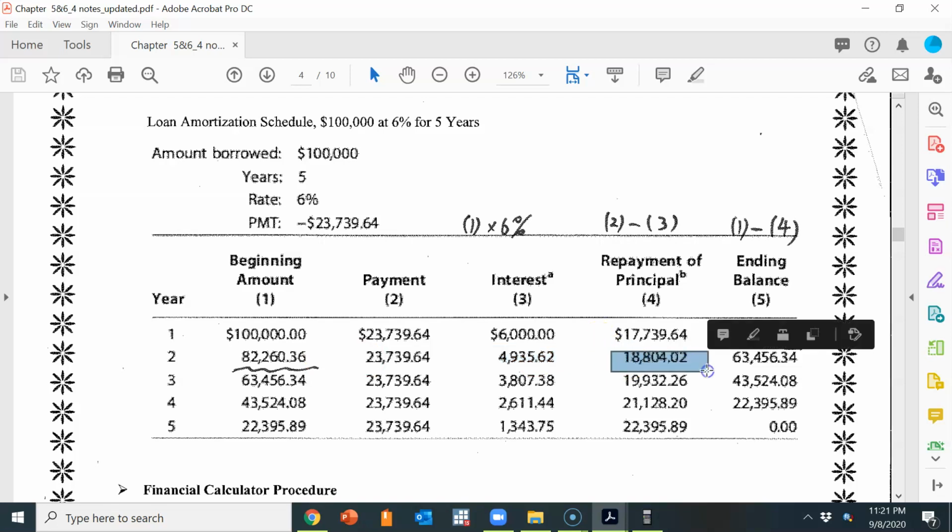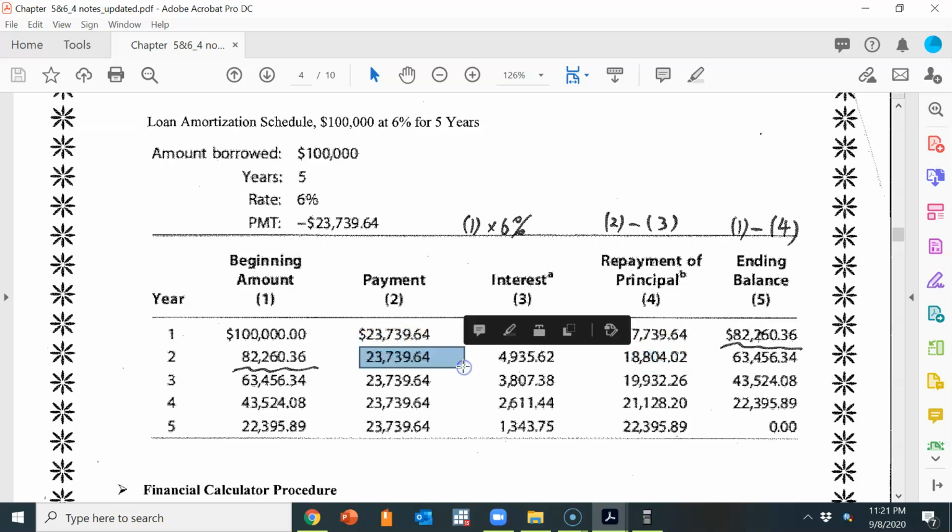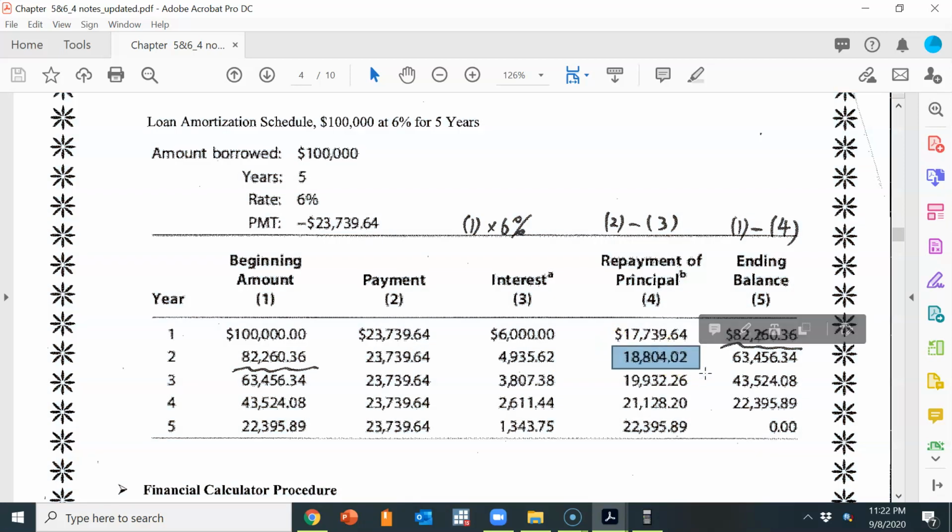Second year, column 4. How do we get this? Right, we just use the total payment in column 2 minus the interest payment in column 3. So we have the principal payment in column 4 in the second year.